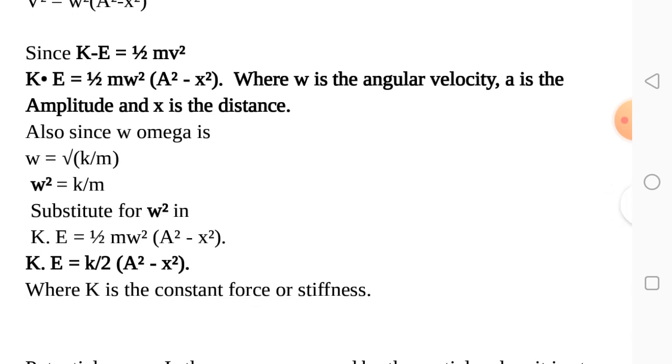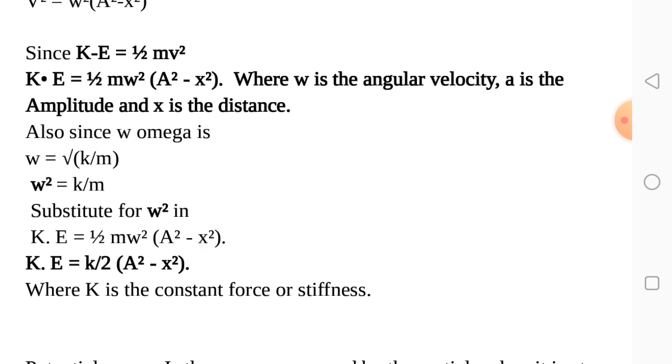Now omega is given as the root of k over m, where k is the constant of proportionality, our stiffness, divided by mass. When we square both sides, the root is removed and we have omega squared equal to k over m.